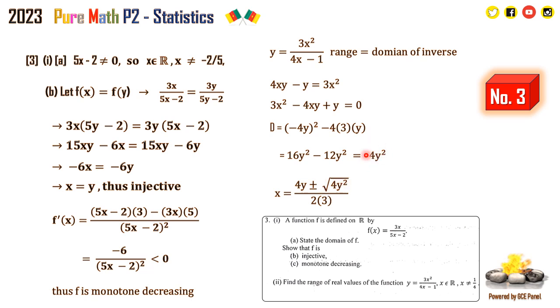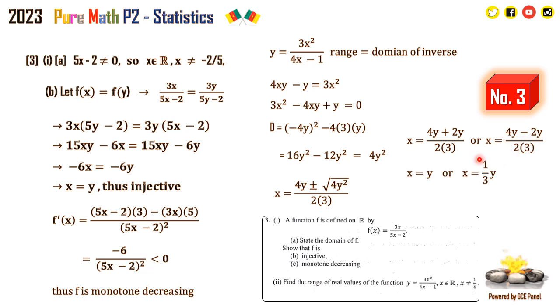And this discriminant is 4y squared. So the square root of 4y squared, all that on 2a. Our a here is 3. So this will further give us x to be equal to 4y plus 2y, because the square root of 4y squared is 2y, on 2 times 3, or x equals 4y minus 2y on 2 times 3.